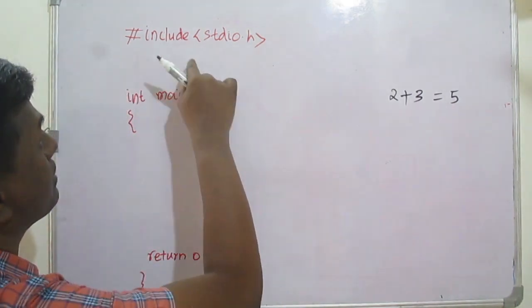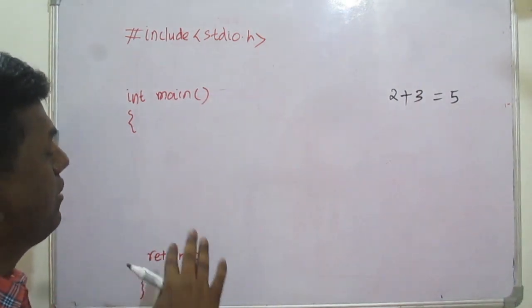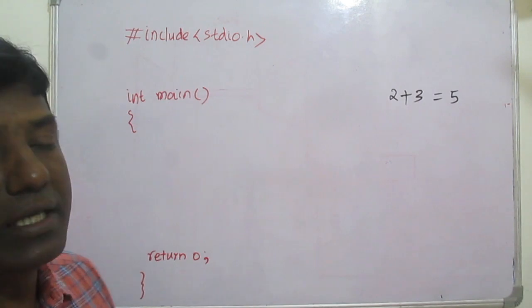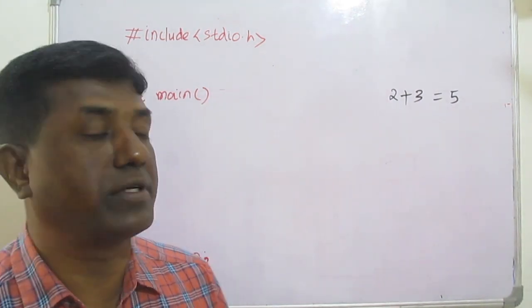The important two sections are the preprocessor section and the main section.